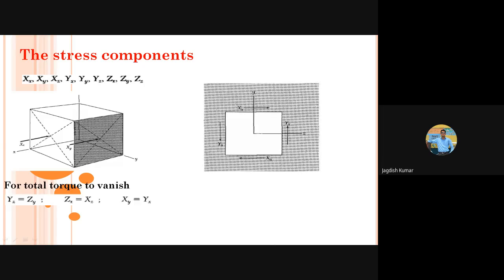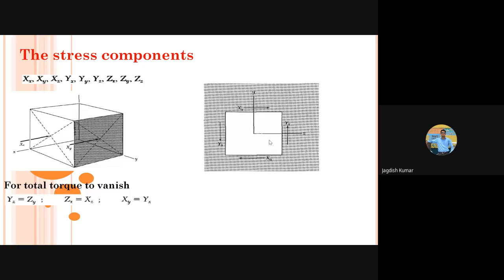Now you will ask me why we need to make sure that torque does vanish, isn't it? This is because even if we take these components not to be equal to each other, that is perfectly fine. But what kind of result will that yield? That will yield this body rotating as a whole, which is a simple classical motion that can be solved with simple Newtonian equations of motion, right?